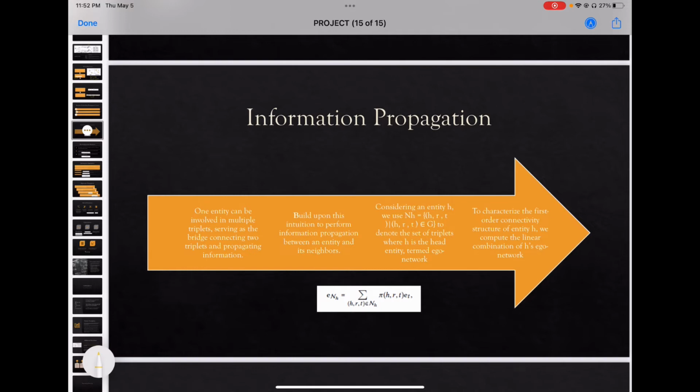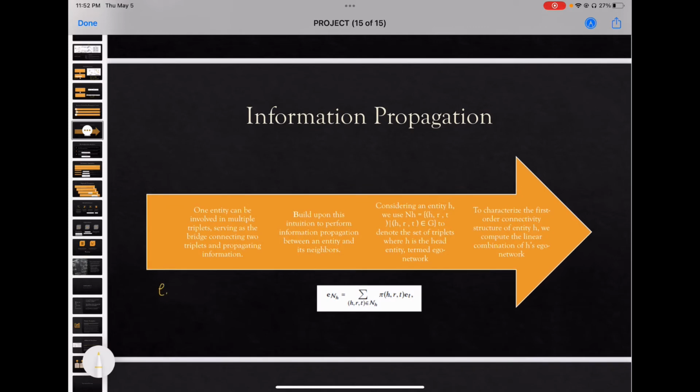Now, taking the relation E1, R2, I2, R1, U2, and the relation E2, R3, I2, R1, and U2 as an example.